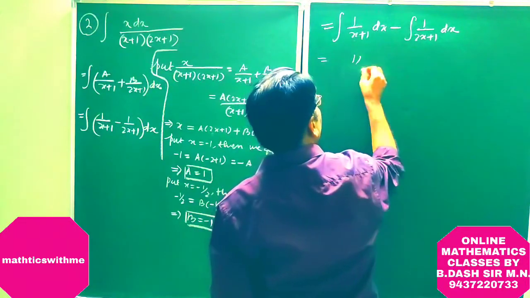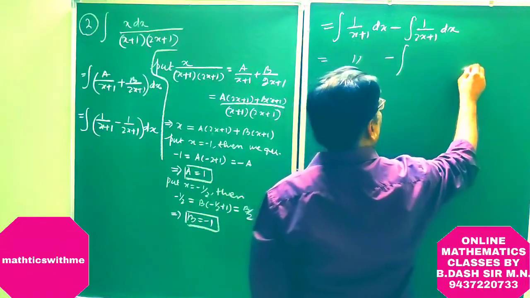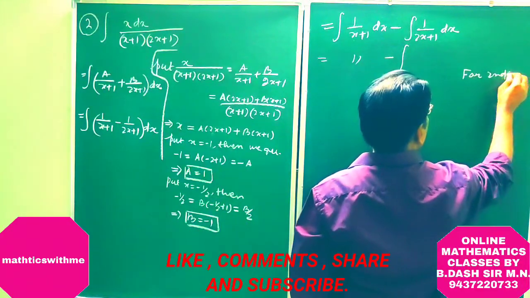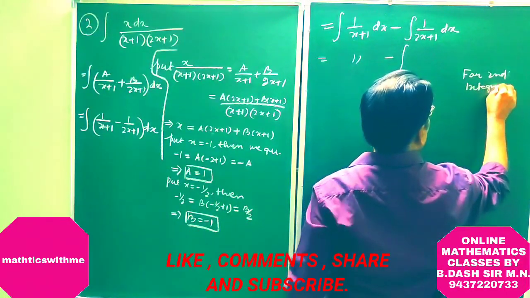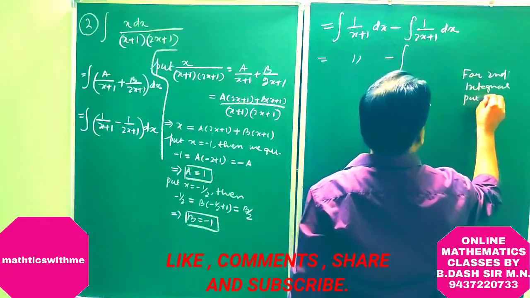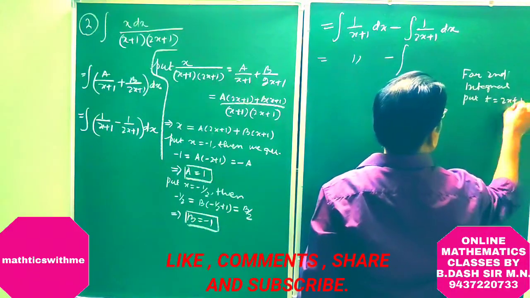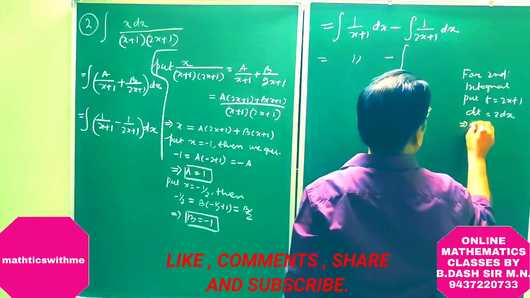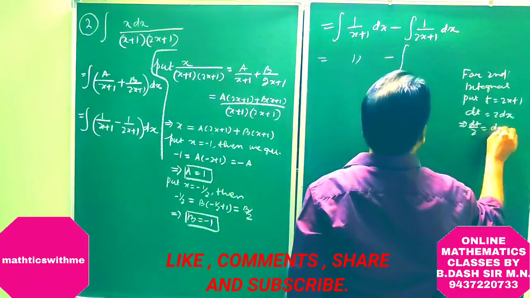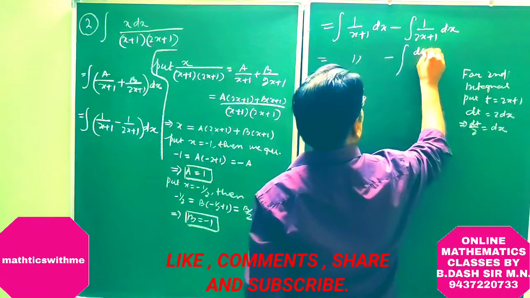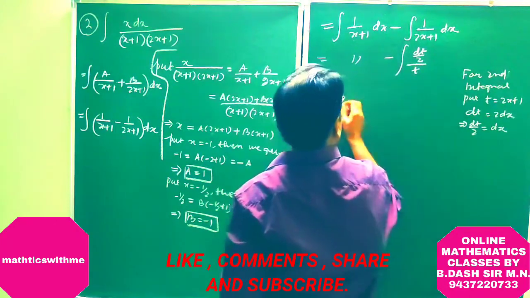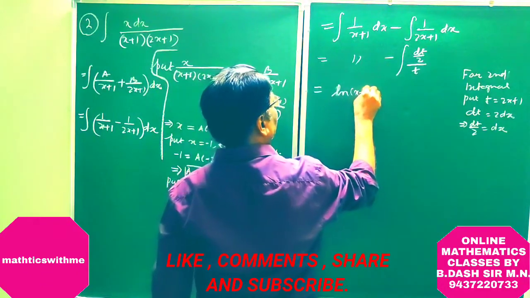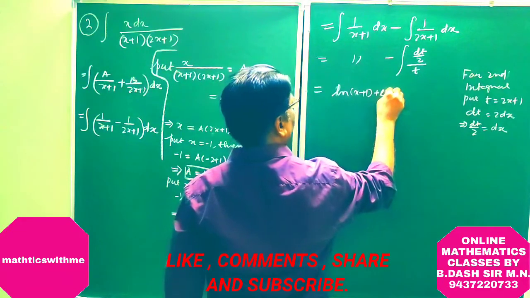For the second integral, put t is equal to 2x plus 1, then dt is equal to 2 dx. So dt by 2 is equal to dx. Now this will be dt by 2 divided by t. So the first integral is ln of x plus 1 plus c1.